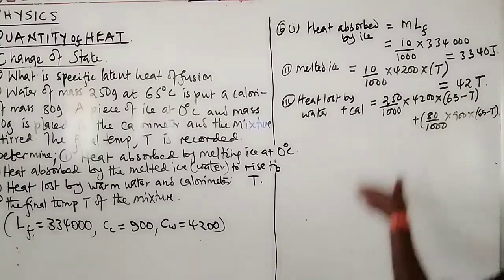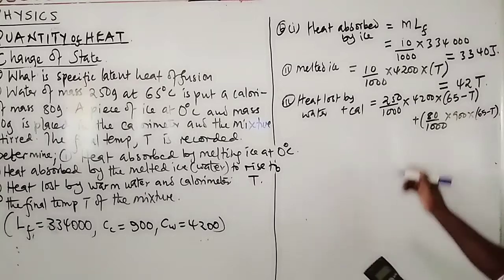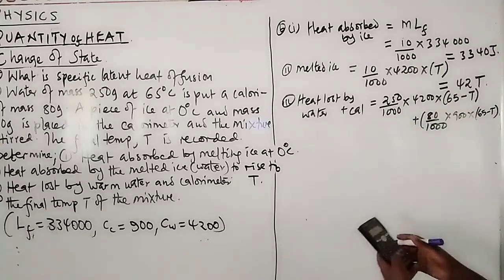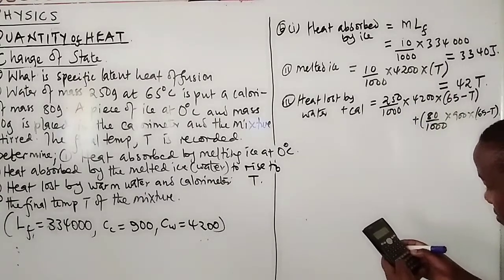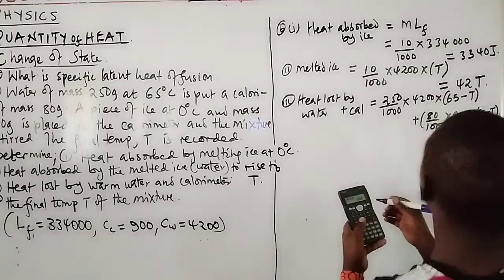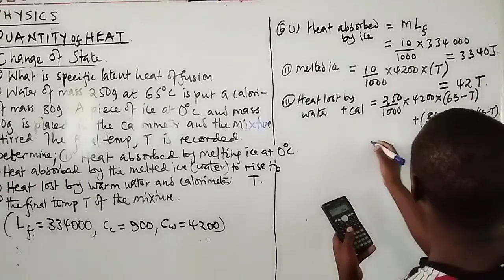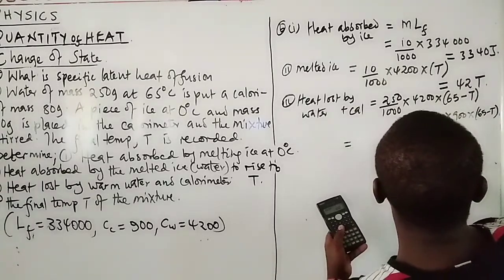Therefore now we can make them in terms of T and we shall have 3 zeros cancelling, so 42 by 25, 1050 T.